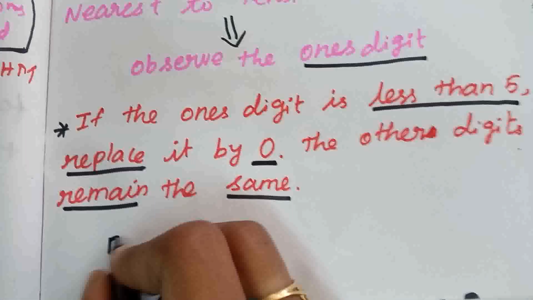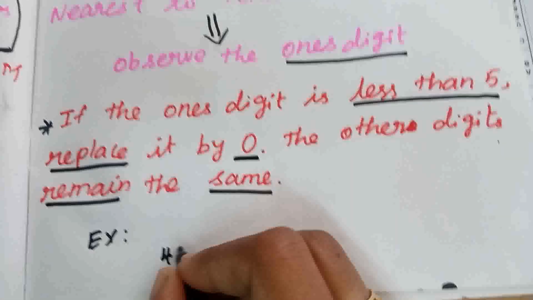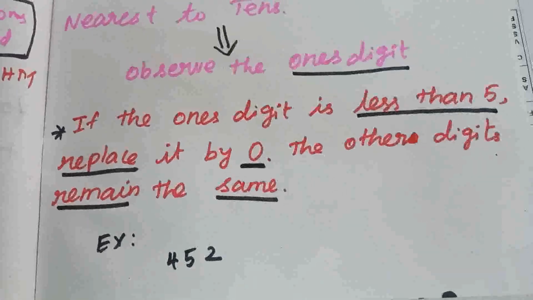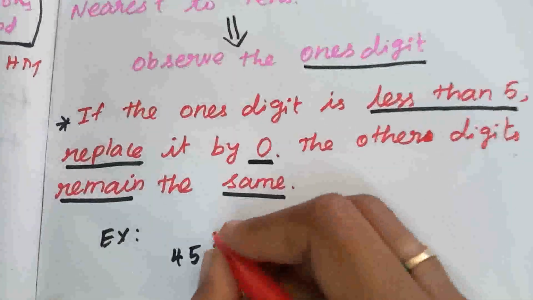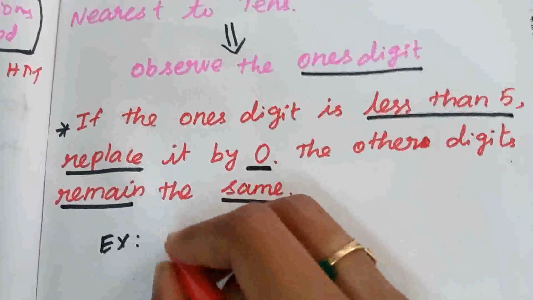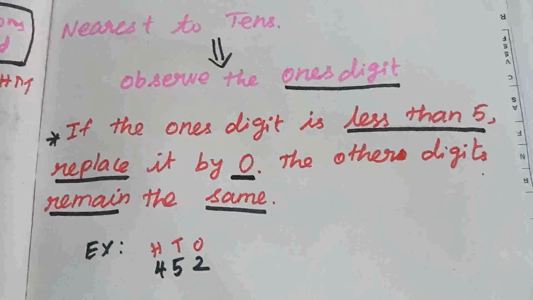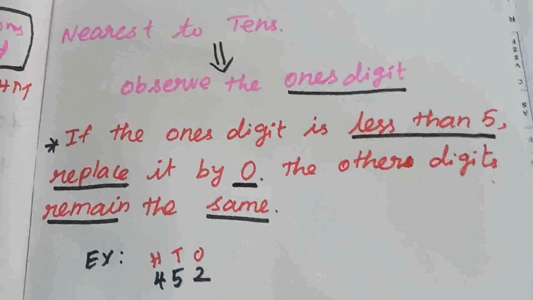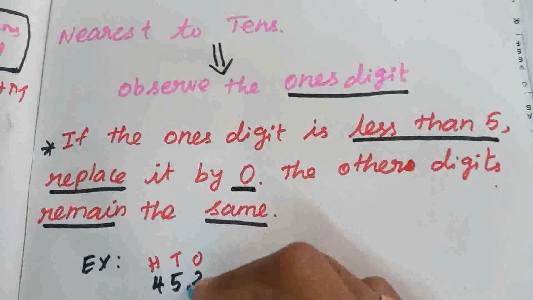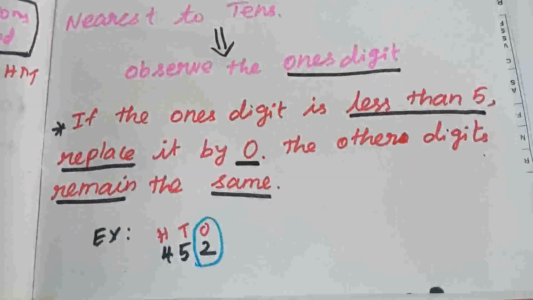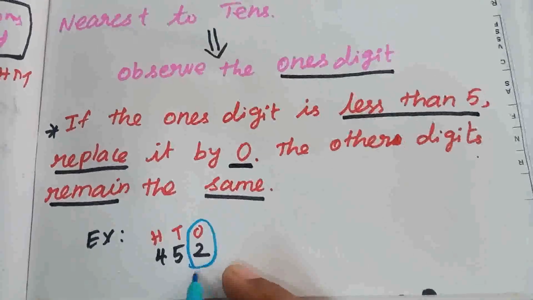Now we see one example. For example, now I am going to take a 3-digit number, 452. Okay, already I told you, whenever you see any 3-digit or 4-digit number, you have to write the places first: ones, tens, hundreds. Now I am going to find the nearest to tens for this 3-digit number. Nearest to tens means which place do we have to see first? Ones place. So you have to circle that ones place. See what number is in the ones place? 2. Is 2 less than 5 or more than 5? Less than 5.